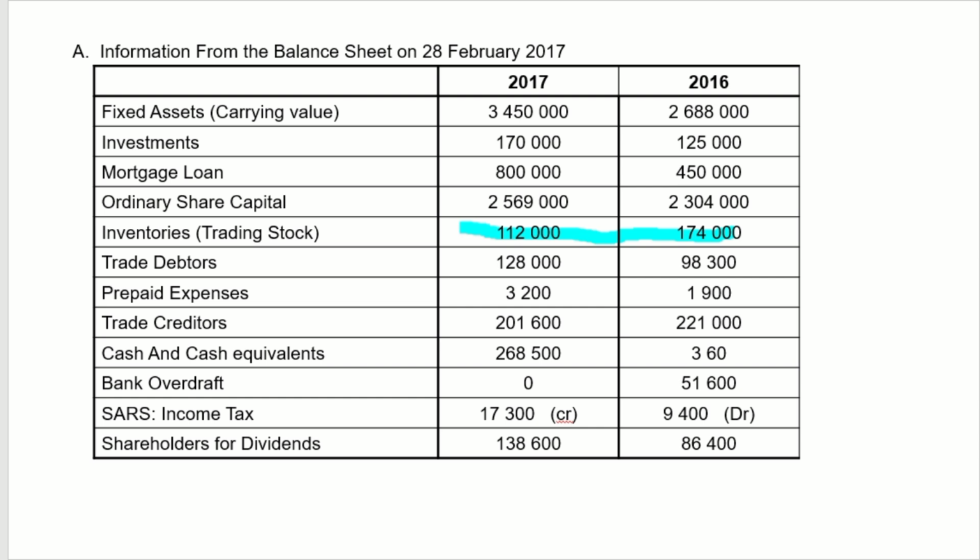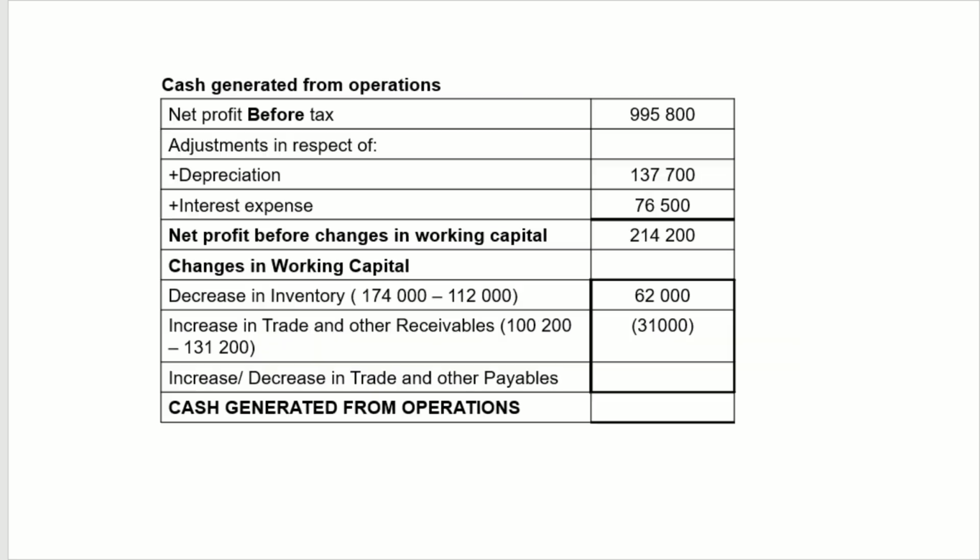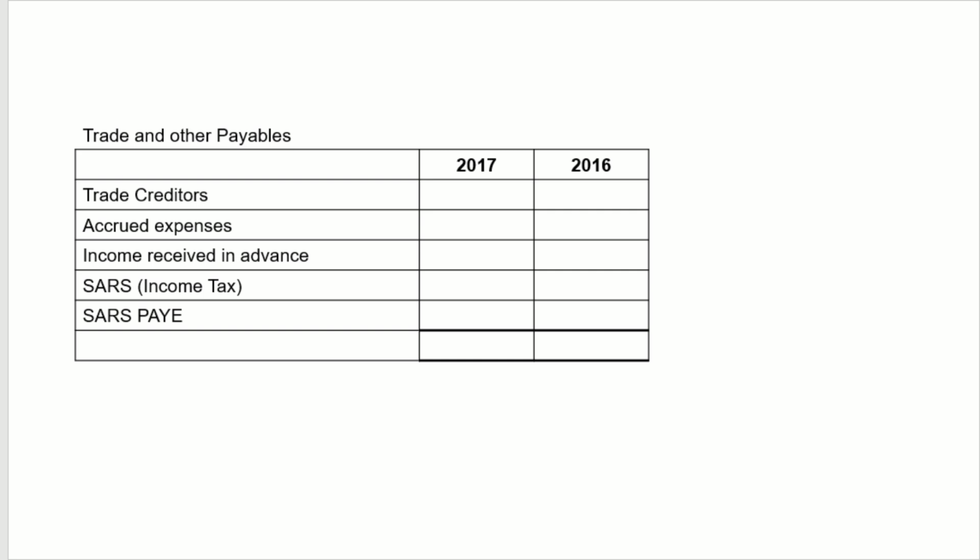After going to our information, we're going to look for everything listed here that falls under the trade and other payables. So we're going to go to our trade and other payables table and do likewise.